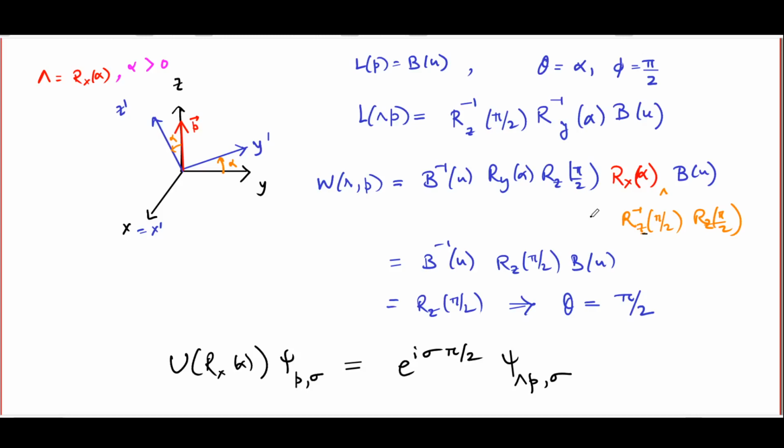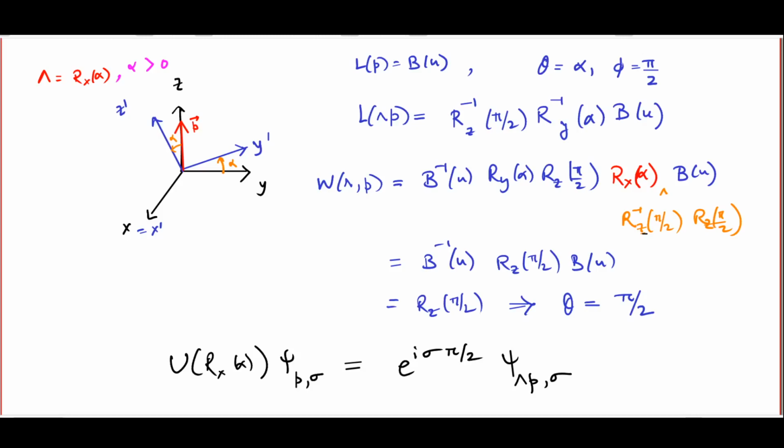Why? Because Rz pi by 2 Rx alpha Rz inverse pi by 2 happens to be Ry minus alpha or Ry inverse alpha, and that simplifies the whole calculation to give you B inverse U Rz pi by 2 Bu, which is Rz pi by 2, and hence theta for this case is pi by 2.